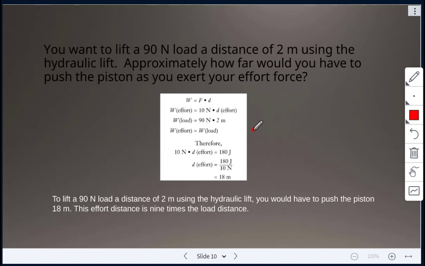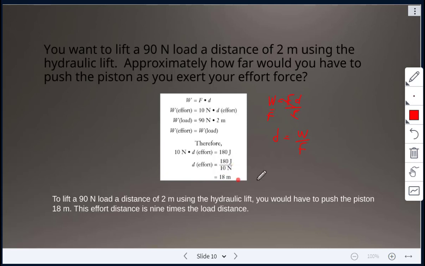Okay, so next we're trying to calculate distance. We know that work is equal to force times distance. So to calculate distance, just divide by force on both sides. That tells me that distance is equal to work divided by force. Our work was 180 joules.